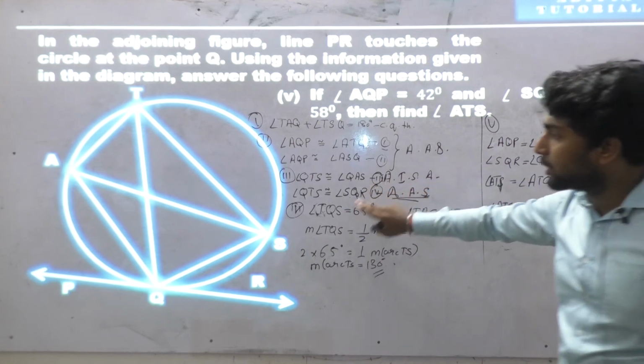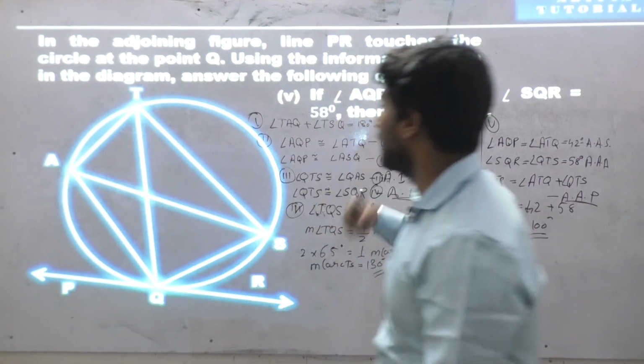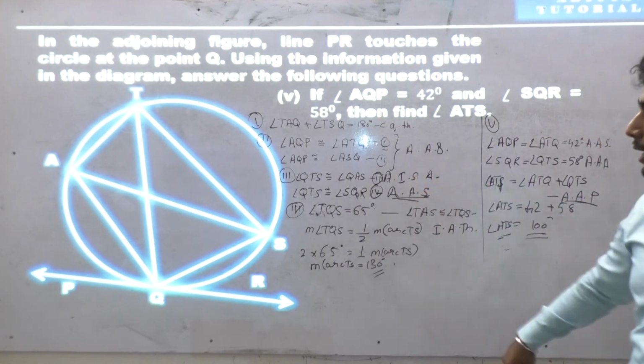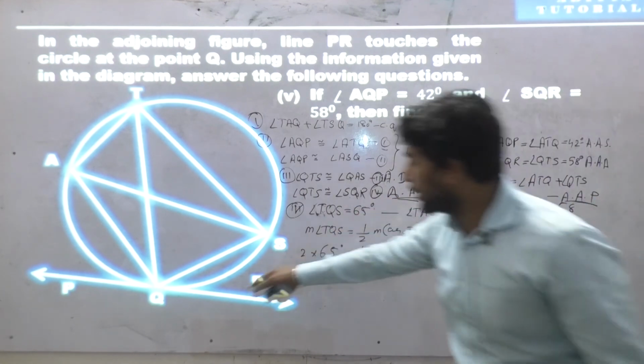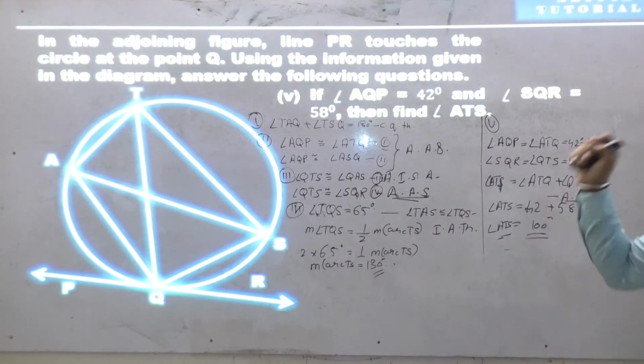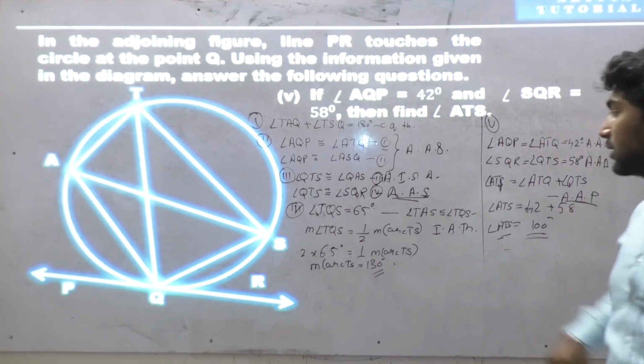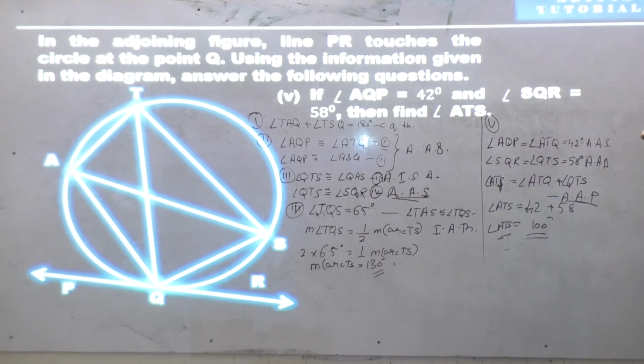QTS is equal to QS. Angles inscribed in the same arc are congruent. And what is this? Angles in alternate segment. And then TQ is equal to 65. Then TS also is 65 because angle inscribed in the same arc, and hence this angle addition property and angles in alternate segment. Everything is done. Okay. Now I can get out.